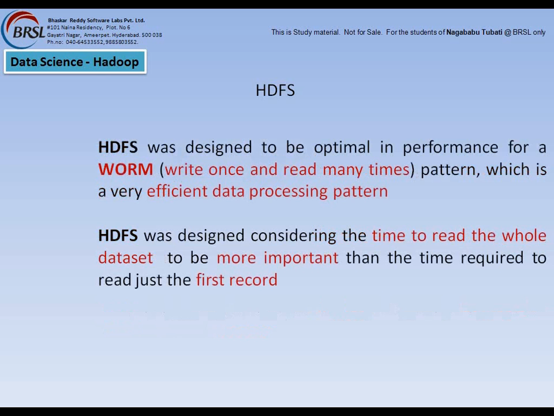HDFS was designed to be optimal in performance for write once and read many times pattern. Write once and read many times, which is a very efficient data processing pattern. HDFS was designed considering the time to read the whole dataset to be more important than the time required to read just the first record of the dataset.